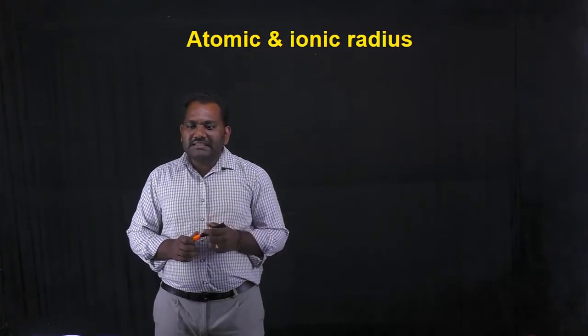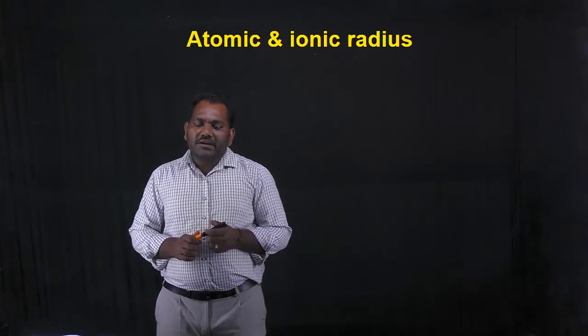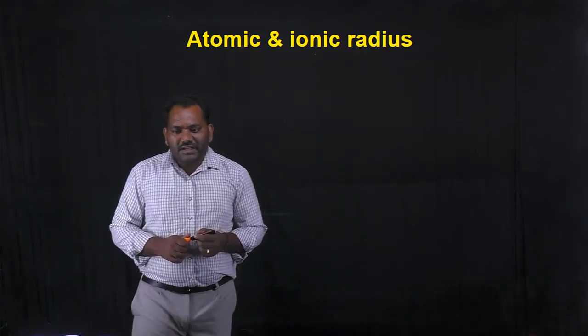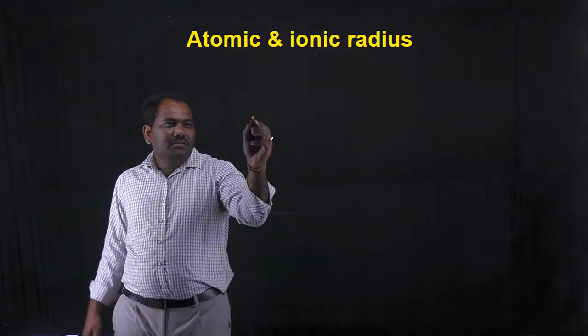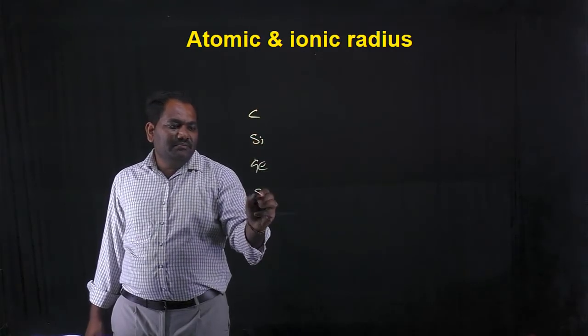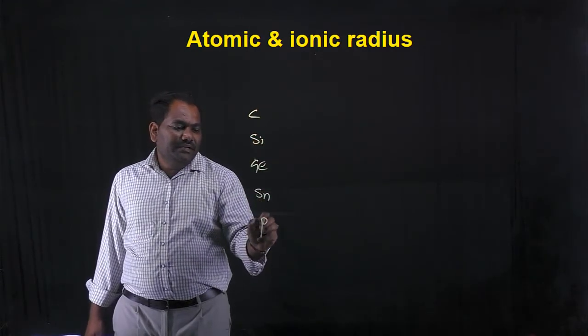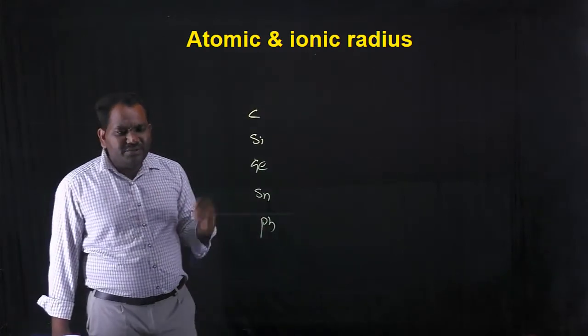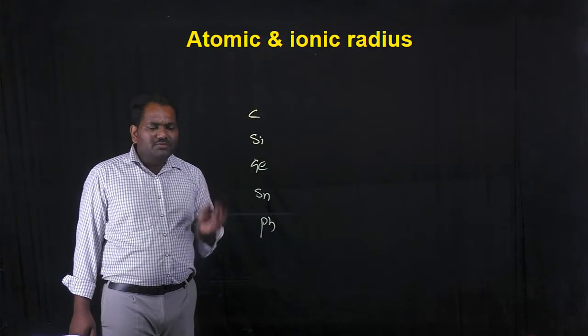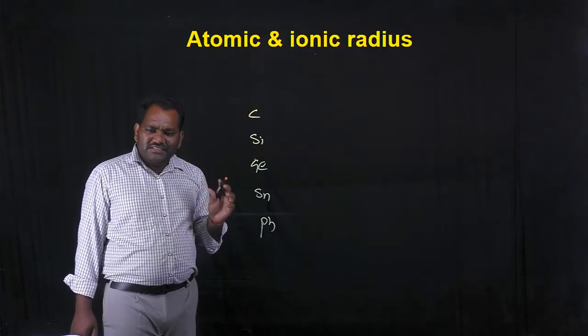Let's discuss the atomic and ionic radius of 14th group elements. This group contains carbon, silicon, germanium, tin, lead. In every group except the third group, atomic radius increases from top to bottom. Why?